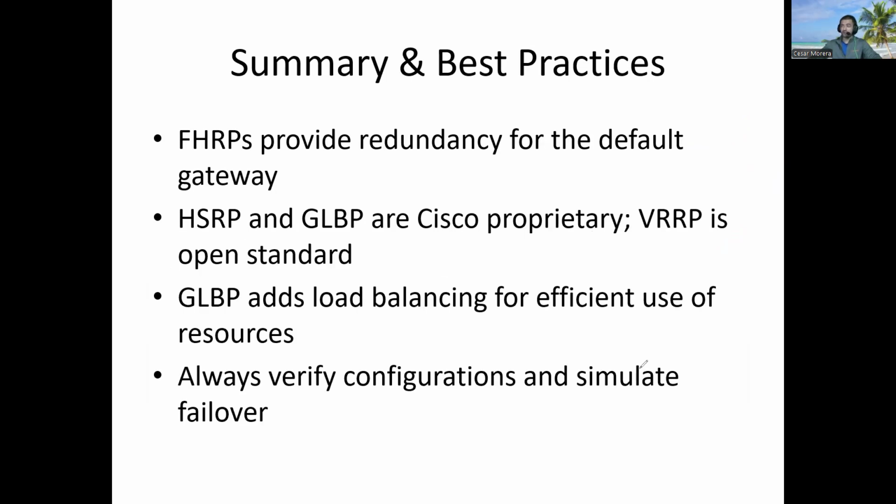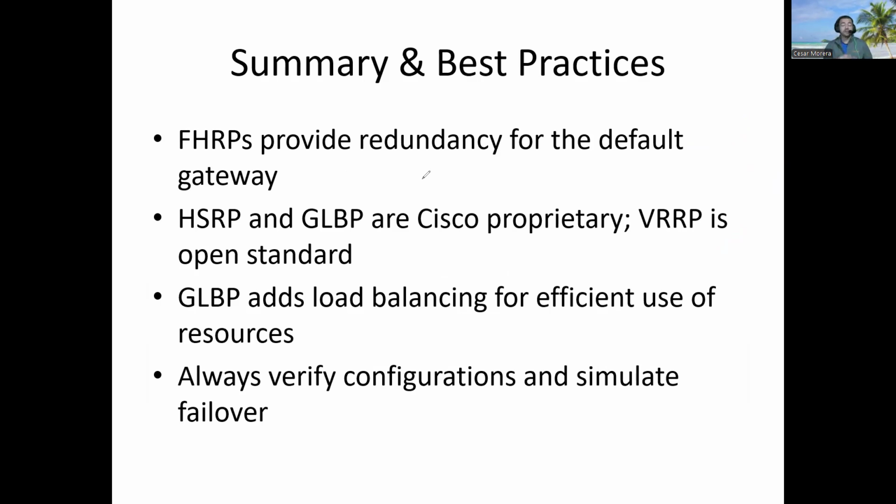Finally, we have a summary of the best practices for FHRP. It provides redundancy for the default gateway. All of these protocols that we have studied today are FHRPs, and they provide redundancy for the default gateway.